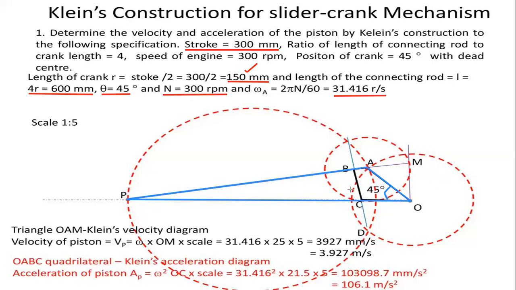So from that we have obtained the circle first one, and from the center A we have got another circle, and from the P point we are joining the O and C points.